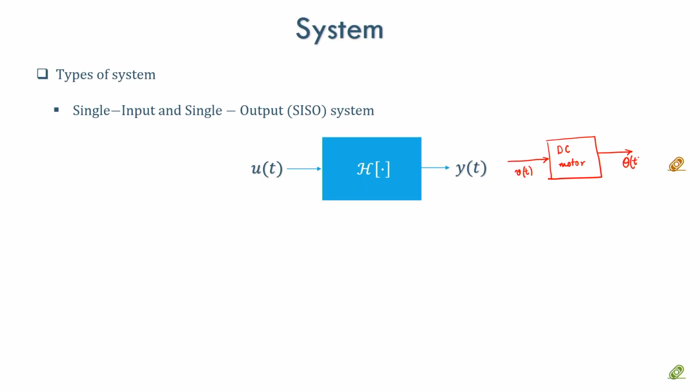So, in this example, the output of the DC motor becomes speed, that is, theta dot t, where theta dot t means the angular velocity of the motor shaft.